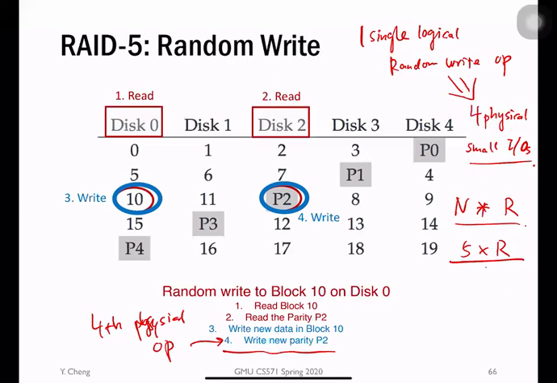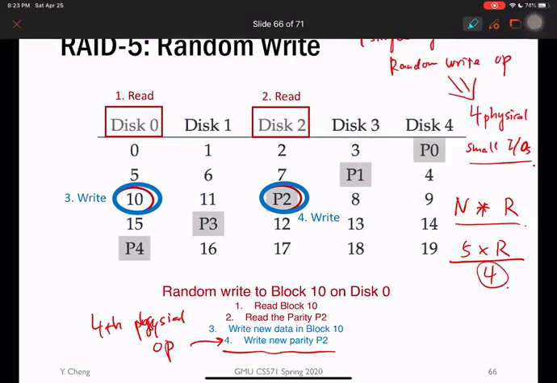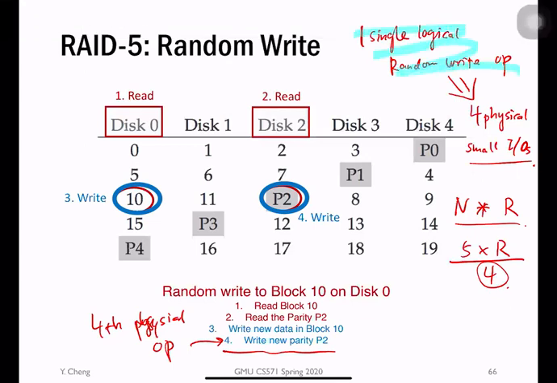It's 4, right? So this is a decreasing factor because of this policy, one logical random RAID write gets translated into 4 physical small IOs. So that is why we have this factor of 4. So this is all about stochastic, probability theory, okay?